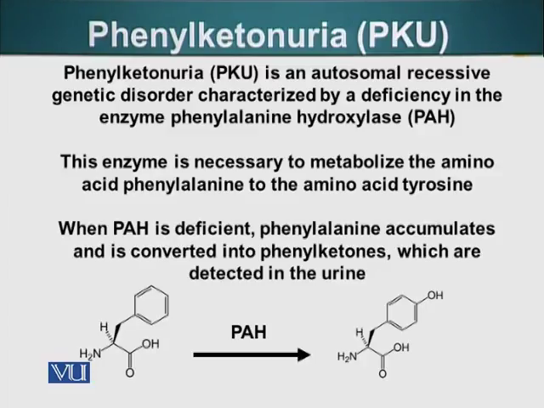Phenylketonuria is characterized by deficiency of an enzyme called phenylalanine hydroxylase, or PAH. This enzyme is necessary to metabolize the amino acid phenylalanine into the amino acid tyrosine. Tyrosine is also used by the body to manufacture the pigment melanin, which gives us our skin color.